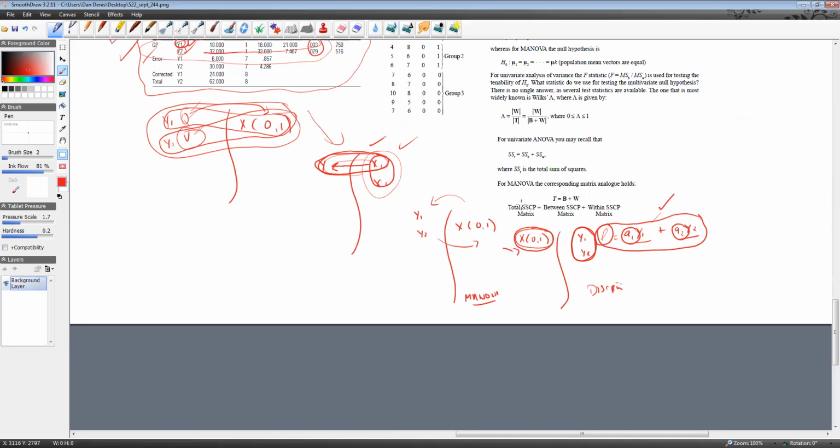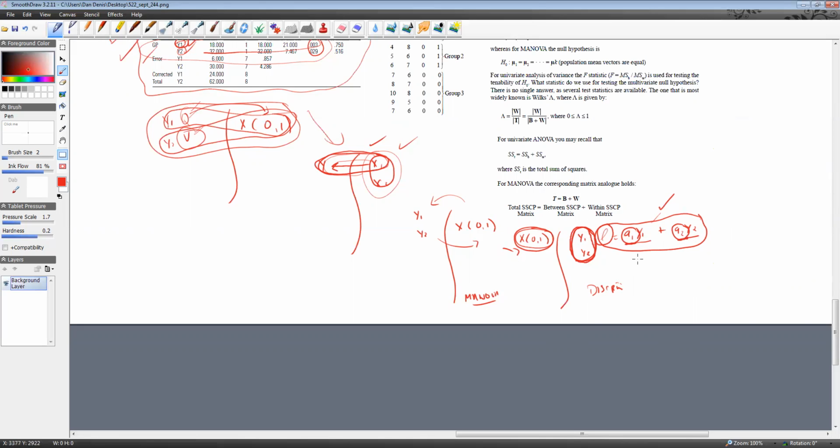So just to summarize, when we do a discrim or when we do a MANOVA, there's a linear combination of these variables that is being developed. Each variable is weighted by a scalar. That's what makes it a combination of variables.